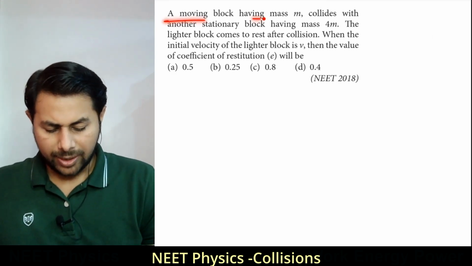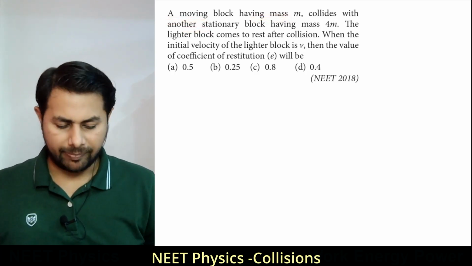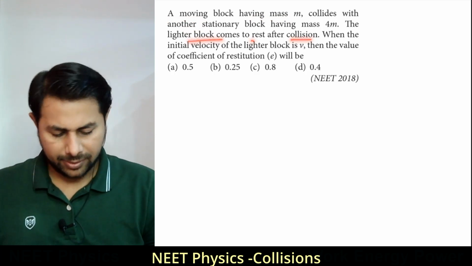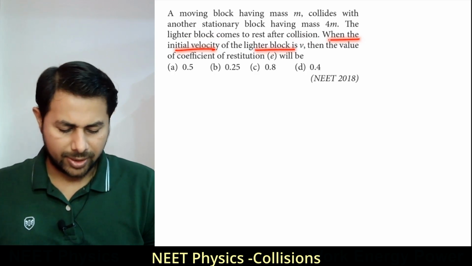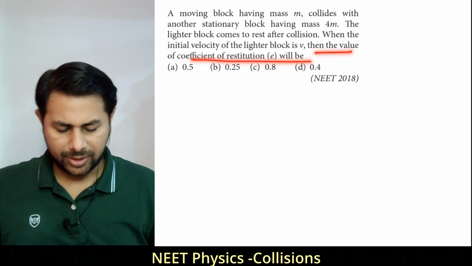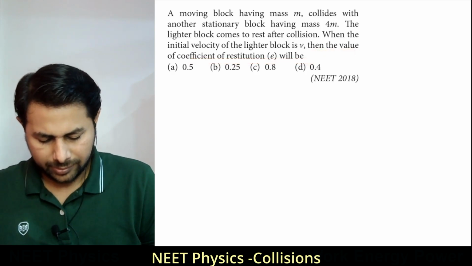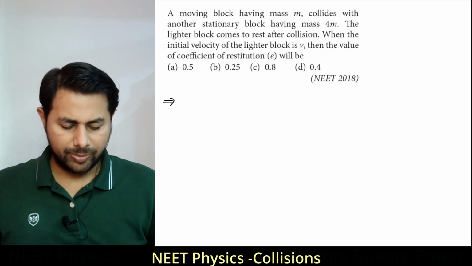A moving block having mass m collides with another stationary block having mass 4m. The lighter block comes to rest after collision. When the initial velocity of the lighter block is v, then the value of the coefficient of restitution e will be? Tell me, what will be the coefficient of restitution?